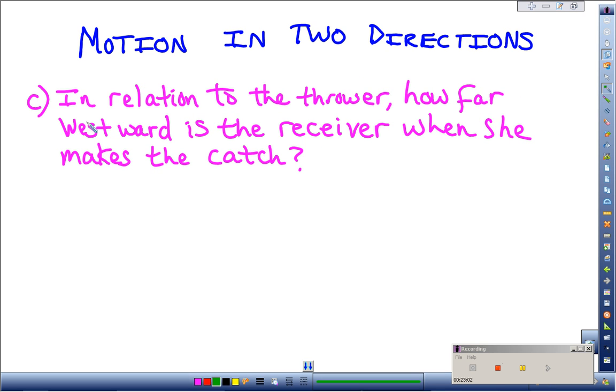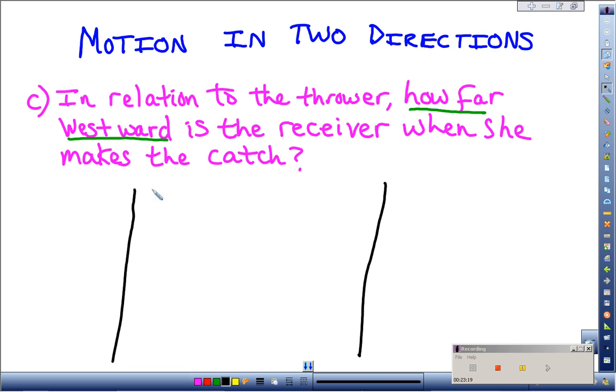In the last part of this problem, it wants to know, in relation to the thrower, how far westward is the receiver when she makes the catch? Okay, so keep in mind, again, on this football field, the ball is initially thrown from the 50-meter mark.